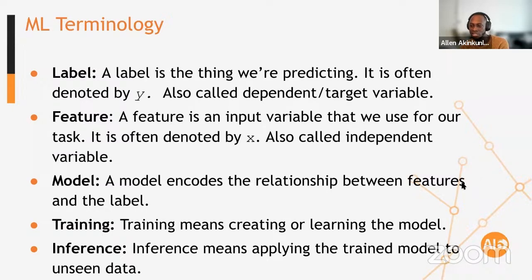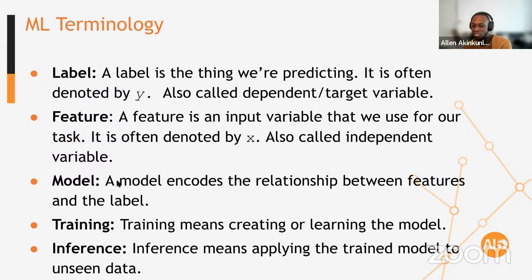The model, in this case, encodes the relationship between the features and the label we're trying to predict, right? So at the end of everything, we come up with a model. You hear a lot of people say, oh, ML models. Essentially, they are just these beautiful mathematical things that encode the relationship between features and the label. That's what a model is.